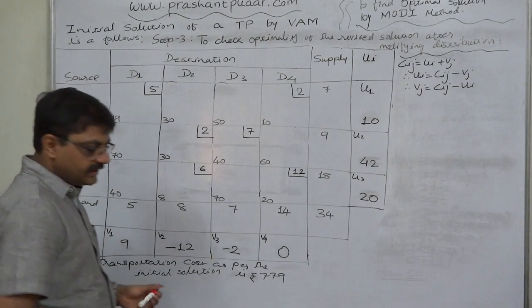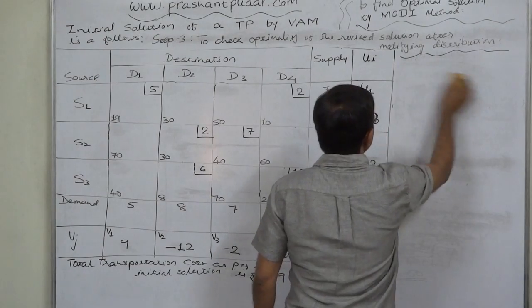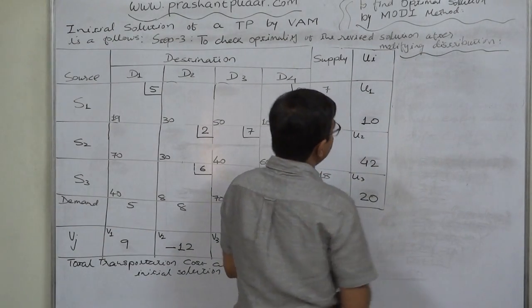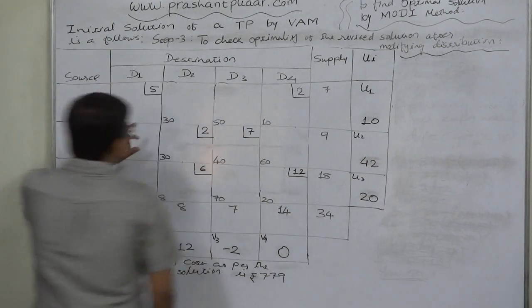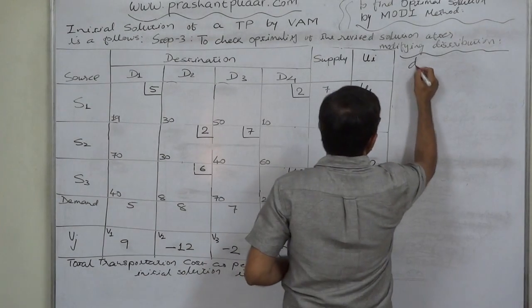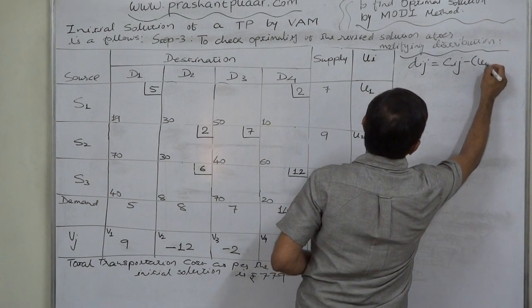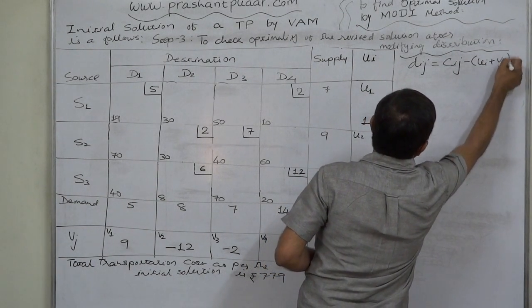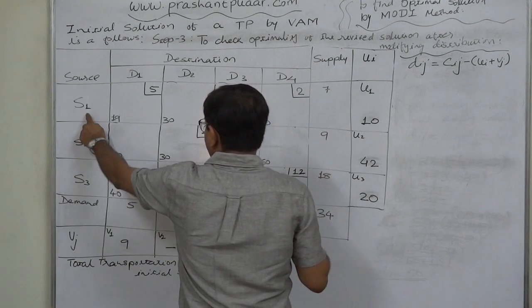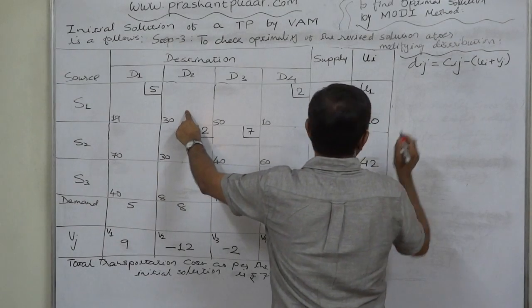With the help of all these Ui, Vj values and Cij values, now we can calculate opportunity cost for all empty cells. And the calculation is Dij equals Cij minus (Ui plus Vj). Let us calculate. The first empty cell is S1D2 or cell 1, 2.